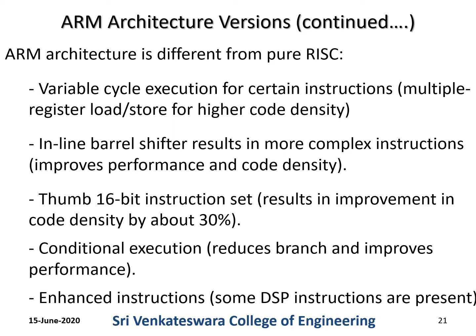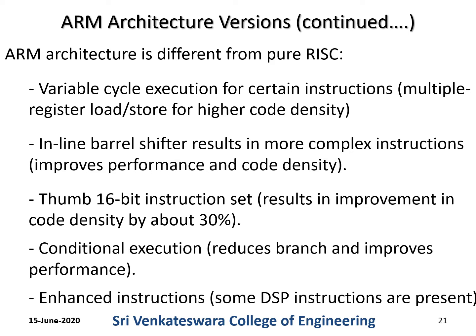For this, the instructions used are more complex in nature, and they are used to improve the performance as well as the code density. They also consume more than one clock cycle. Apart from that, there are also instructions which are smaller in size. There are 16-bit instructions called the thumb instruction set, and these are used in order to increase the code density.